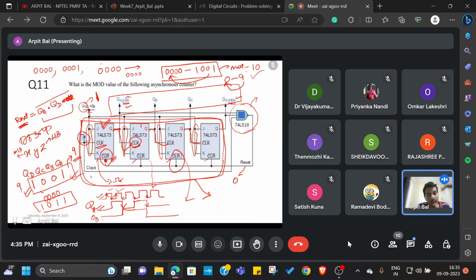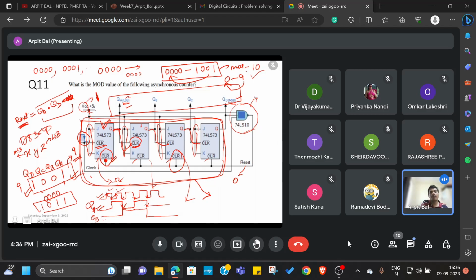0 1. Let us assume for some reason it were not an up counter but a down counter. For the down counter, maybe the initial state would have been different. Based on that initial state, you had to figure out the maximum value for QD and QA for that reset logic to be enabled.